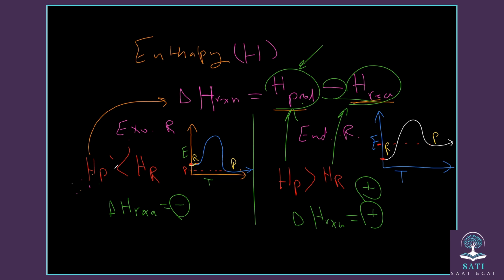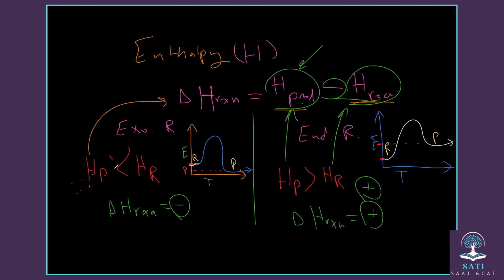And if it is exothermic, it releases energy because its reactants has higher energy than what? Than the products. So in this case, it gives out energy to lower the energy the system has. And in this case, we call it what? Exothermic reaction. And the sign of the change in enthalpy will become negative.